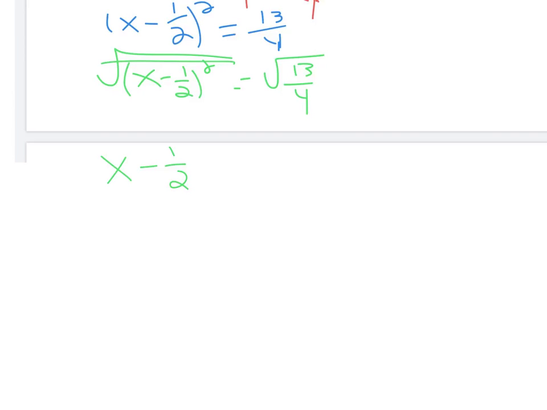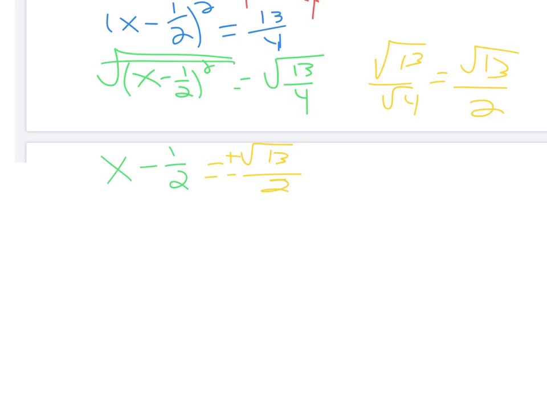So I'm just looking at the square root of 13 over the square root of 4. 13 I can't simplify, so square root of 13, but the square root of 4 is 2. So this is equal to the square root of 13 over 2. And then it's both the positive and the negative version. So now I can separate each equation and solve.